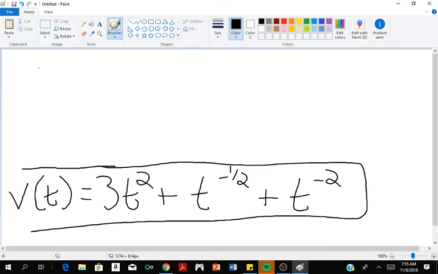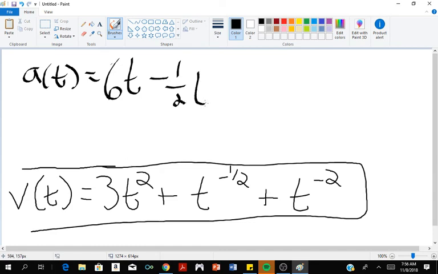So, a of t equals the derivative of 3t squared: 3 times 2 is 6, 2 minus 1 is 1, so the derivative of 3t squared is 6t. Minus 1/2 comes down. Negative 1/2 minus 1 is negative 3/2.